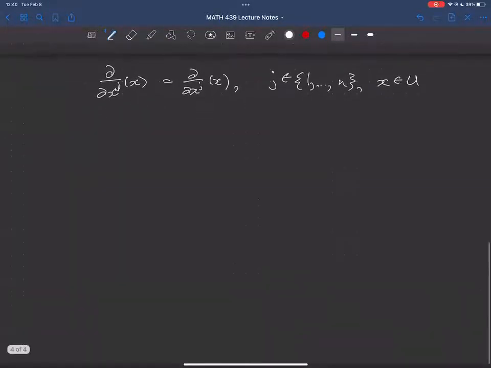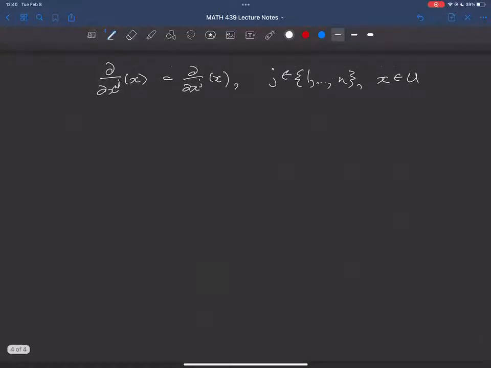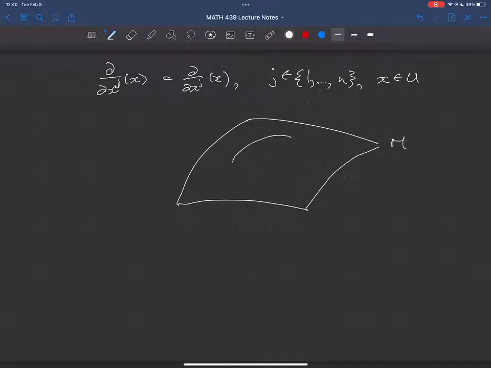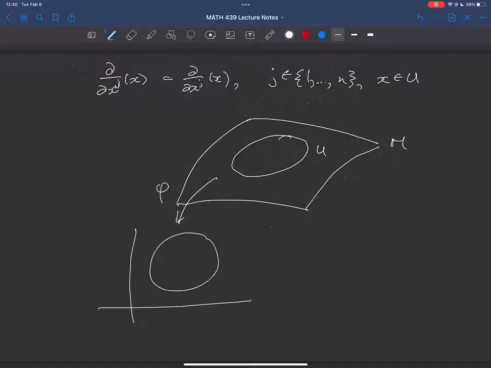Okay. So maybe just to sort of drive that home, how you can think about that. So here's my manifold again, and now I have a chart, U, and a chart map, phi, down in Rn.